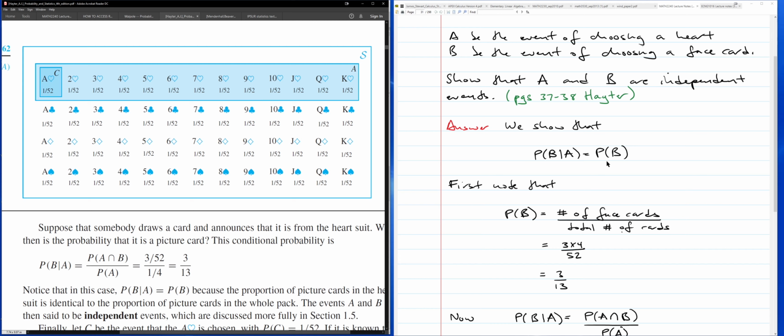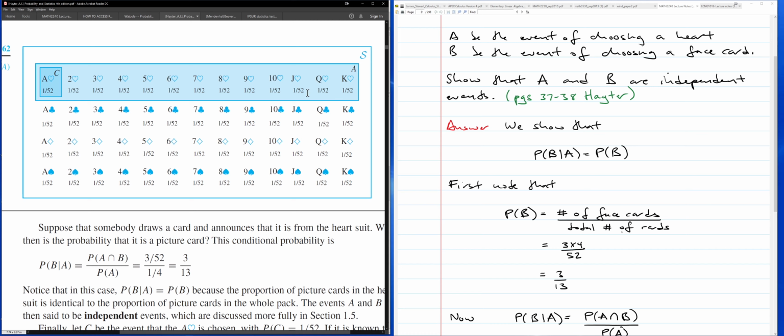Okay, so what's the probability of B? The probability of B is having face cards. Now, having face cards means that for each suit there's 3 out of 13 face cards. So if you have your 4 suits, notice you have your 12 face cards over here.